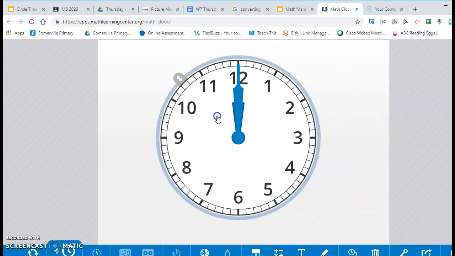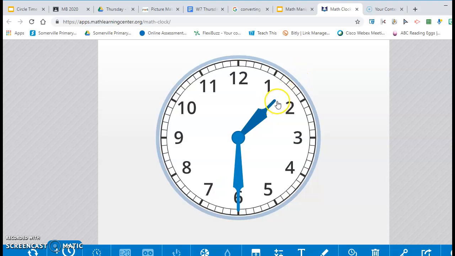So when we're representing half past, our minute hand is on the 6 because it's representing the half past mark. And our hour hand is going to be pointing at our number. Now, we won't have exactly right on the hour like we did for o'clock. So o'clock, we had our hour hand pointing directly at the number. It's going to be halfway between, and that's representing halfway in our hour.